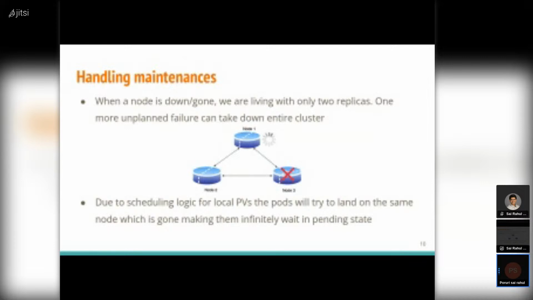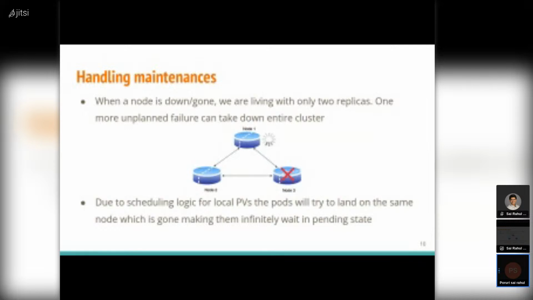This was one of the reasons, and the second reason is that, as I mentioned, we were using local PV for a majority of our fleet. When we say local PV, because the compute and storage are attached to the same node, you cannot spawn another compute somewhere else on some other server and connect it to the same disk.